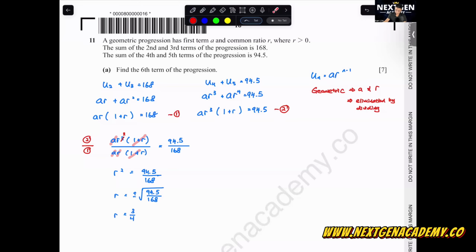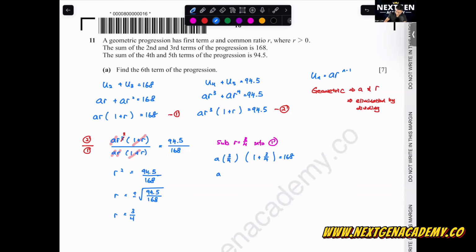Okay, then we want to find what the A value is. You substitute into any equation. I will substitute into equation 1. Sub R equals 3 over 4 into whichever equation you want. So A times 3 over 4 times (1 plus 3 over 4) equals 168.